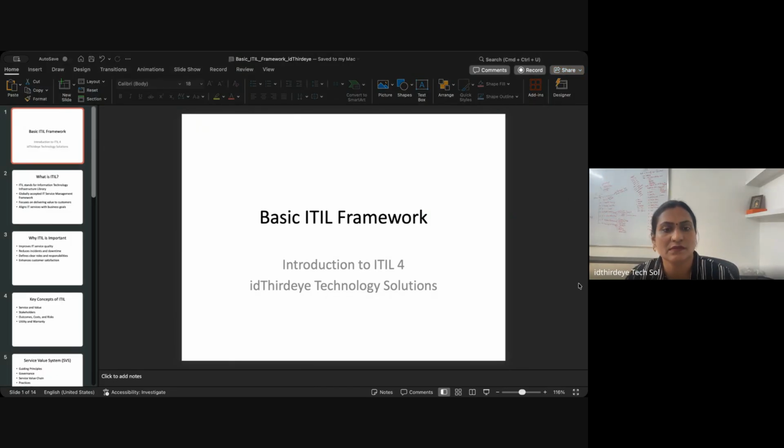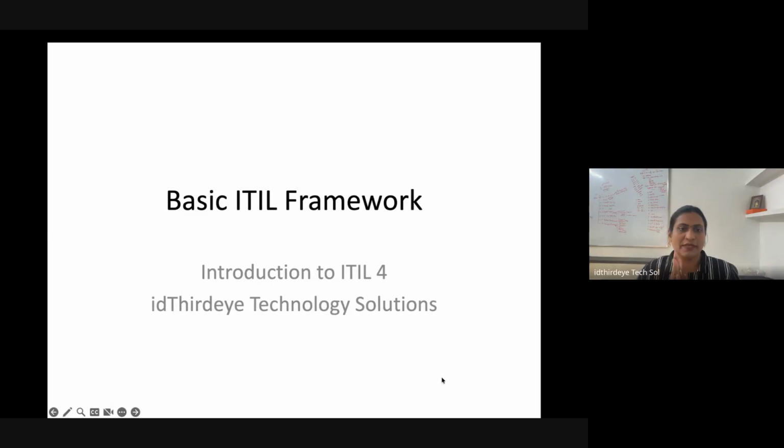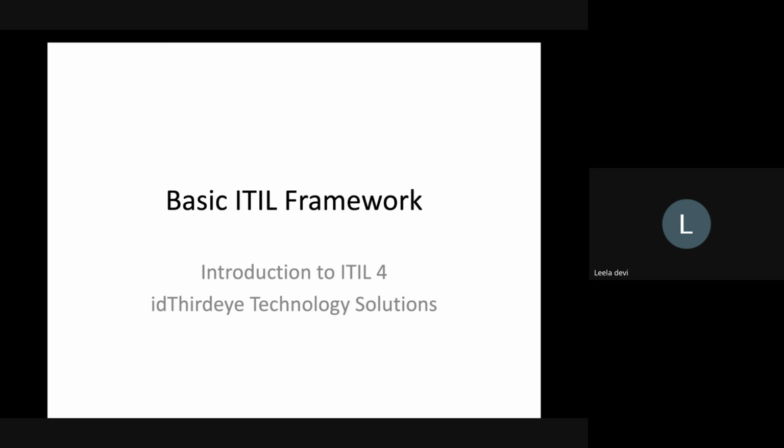Minimize this one. Okay. Now if I put that hide, it goes to the screen. Leela, can you confirm if it's still visible? Yeah, it is. Oh, so it is visible. Thank you, thank you.